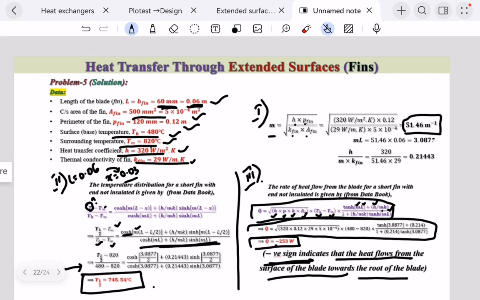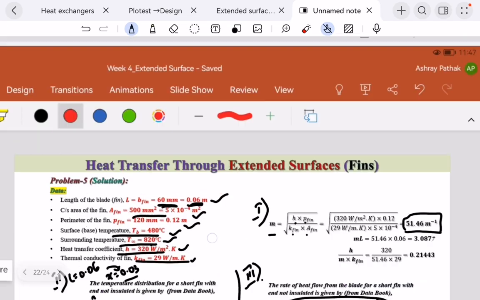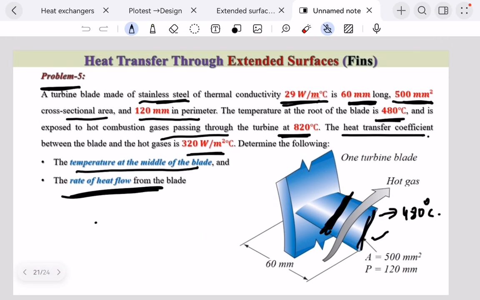We have chosen case number 3 because it's a short fin with no insulation. I have no data that it is adiabatic at the end, or any specific temperature is given at the end. Remember that this 480 is the surrounding temperature, it's T infinity, right? It's not the temperature which is here.